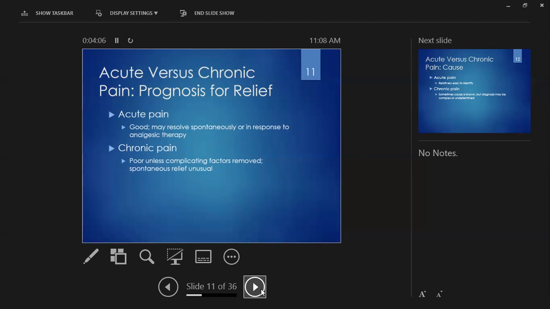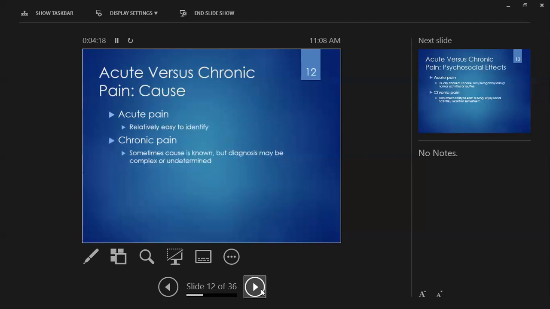Something like a disease process or an idiopathic issue or an underlying pathology that we can't get rid of, right? Spontaneous relief of chronic pain is very unusual. Causes of acute pain are relatively easy to identify, but causes of chronic pain can sometimes be tough. We talked about that. Sometimes that diagnosis can be complex or we don't ever figure out what's causing the pain.